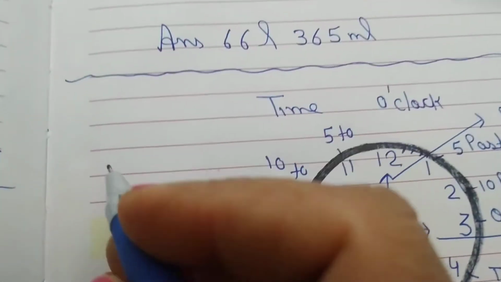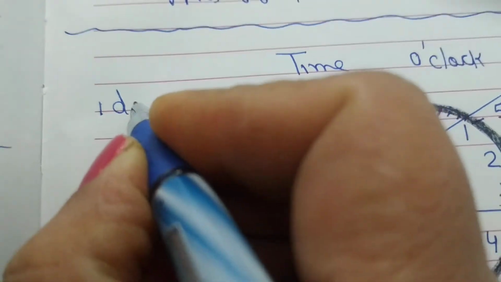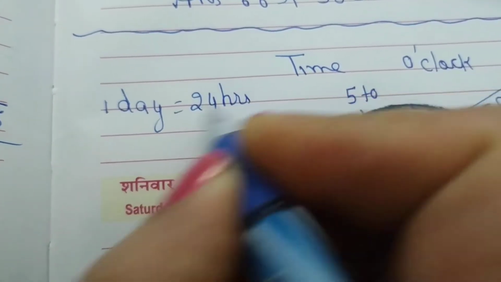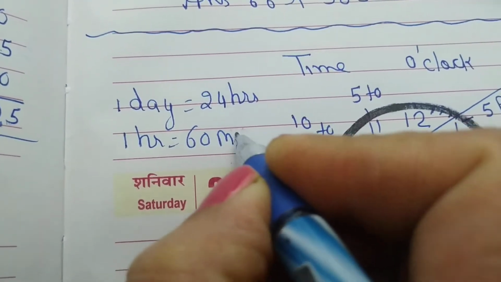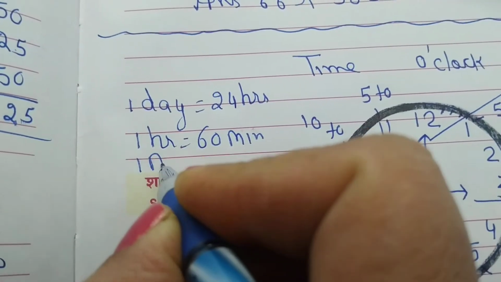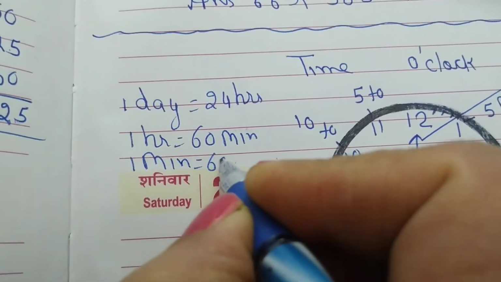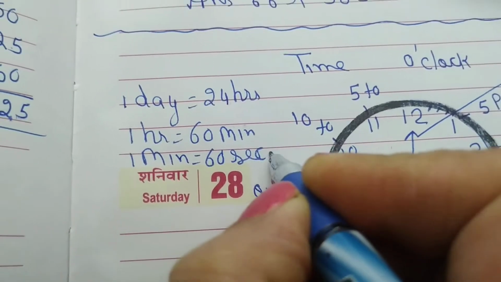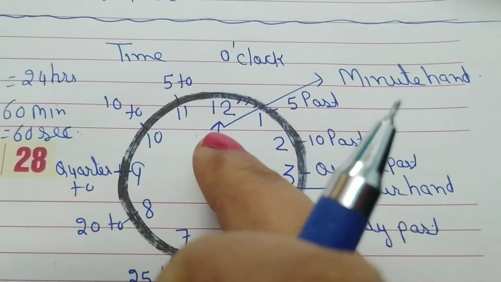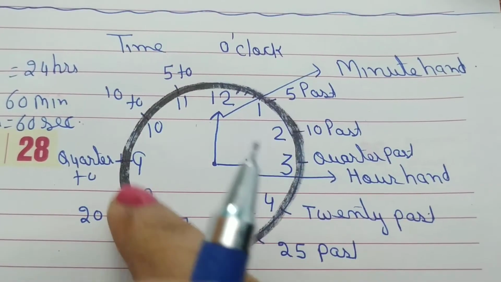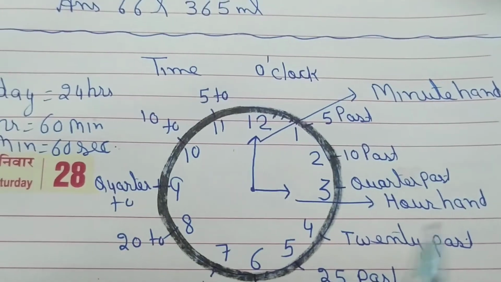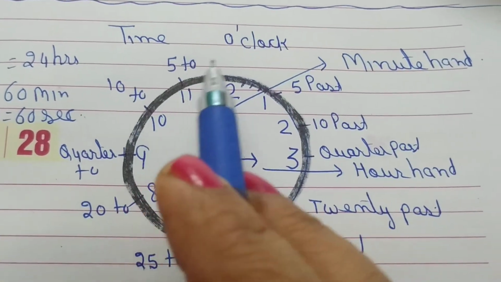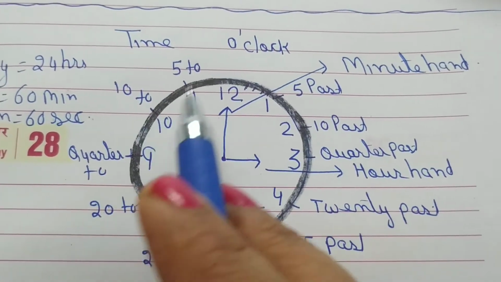We know that in one day there are 24 hours, in 1 hour there are 60 minutes, and in 1 minute there are 60 seconds. Now we will learn how to read the time. When the minute hand starts from 12 and again reaches 12, then 1 hour is covered.